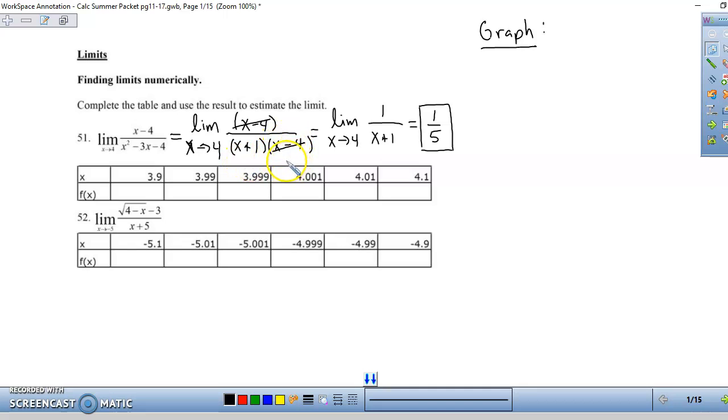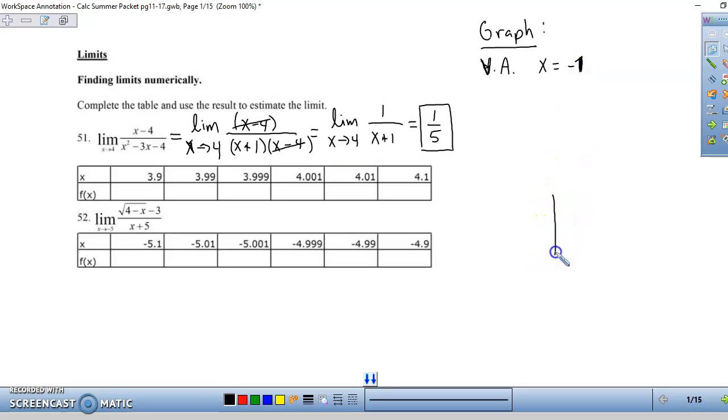There are two different things that can happen on a graph when you have those denominator restrictions. The first thing is you can have a vertical asymptote. And the vertical asymptote in this case is what's left after the canceling. So x equals -1 would be a vertical asymptote.